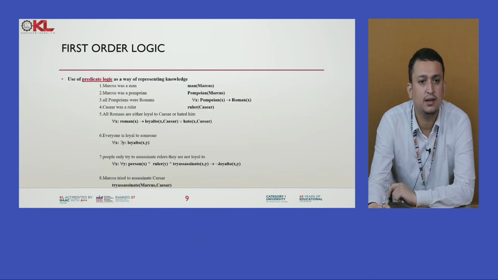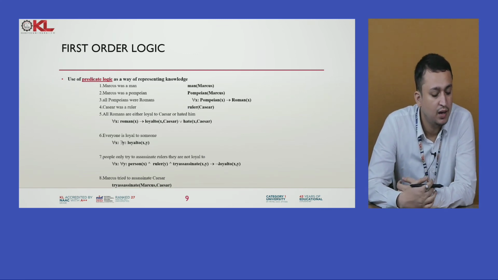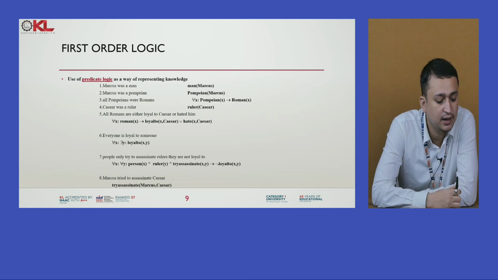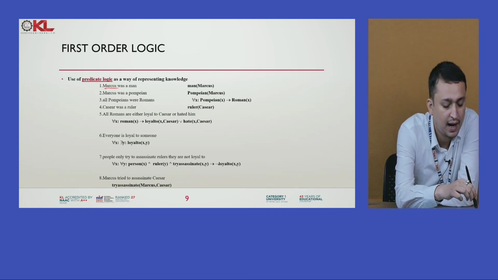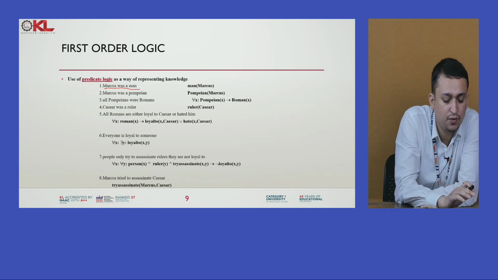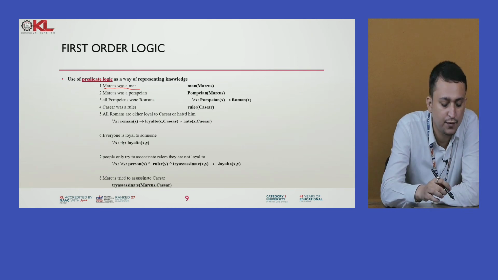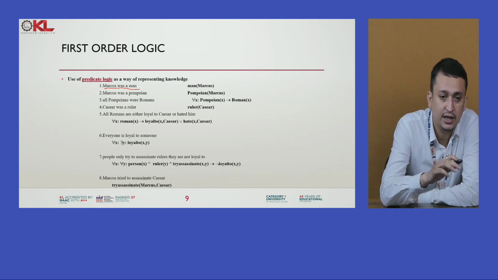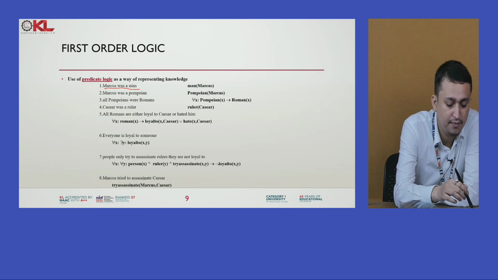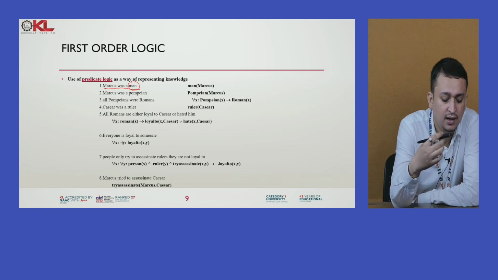Okay, let's go through one example. This is a very renowned example. Okay, look at the first fact. Marcus was a man. While representing in first order logic, just remember one thing. First of all, we need to identify the predicate. Predicate means that particular property, particular characteristic available in the fact. Here, Marcus was a man. Man here we can consider as a predicate, as it is indicating some characteristic.